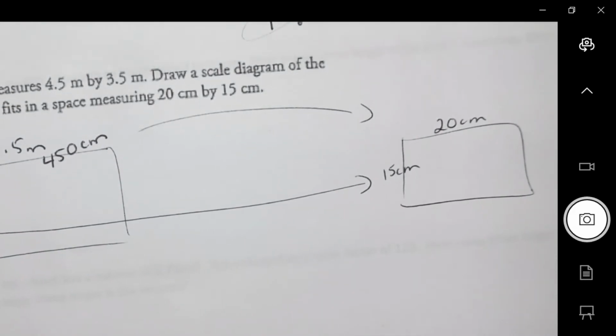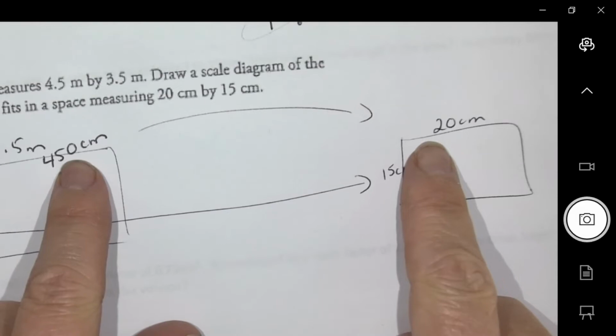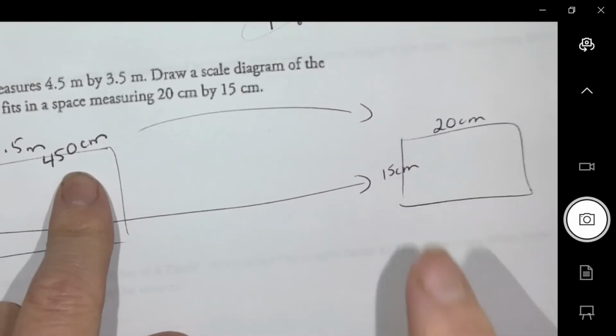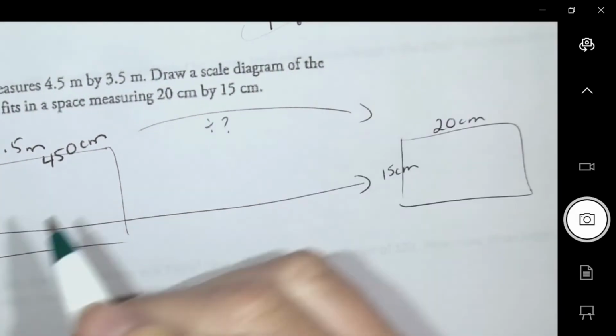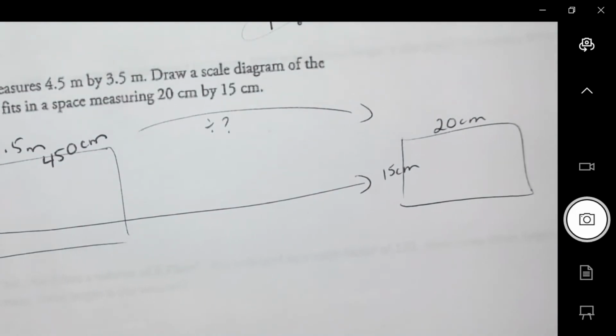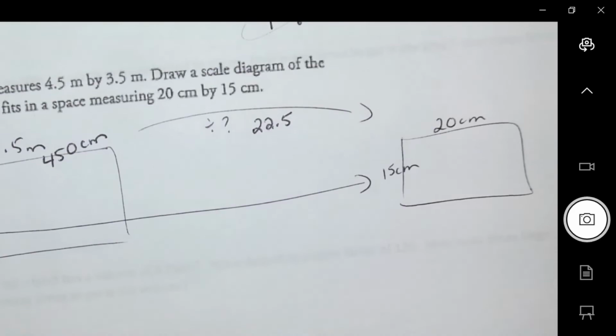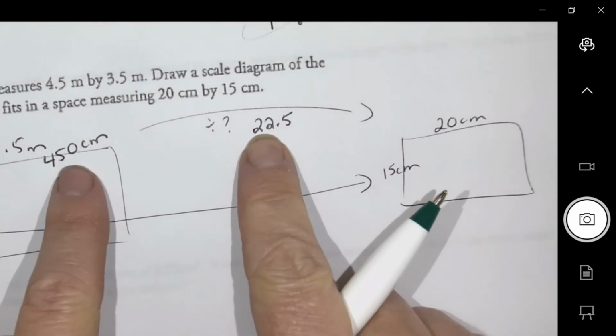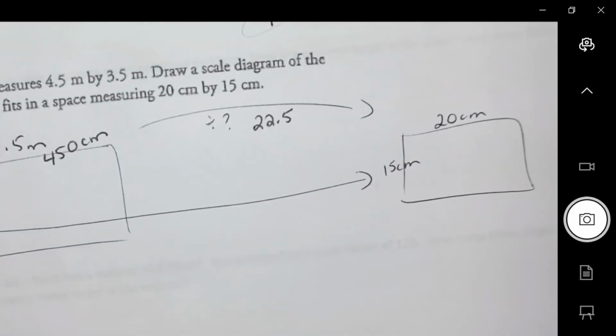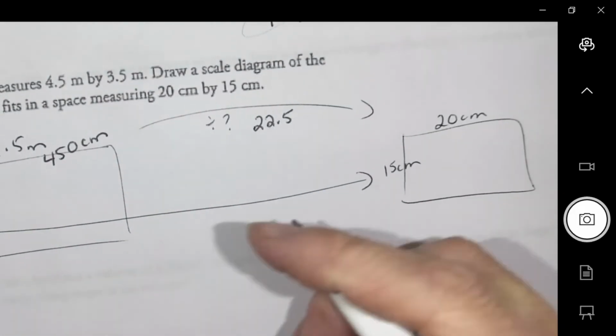Okay, let's take these numbers and divide them. What would I have to divide by? Okay, I'd have to divide by that. I'd have to divide by what to get there?